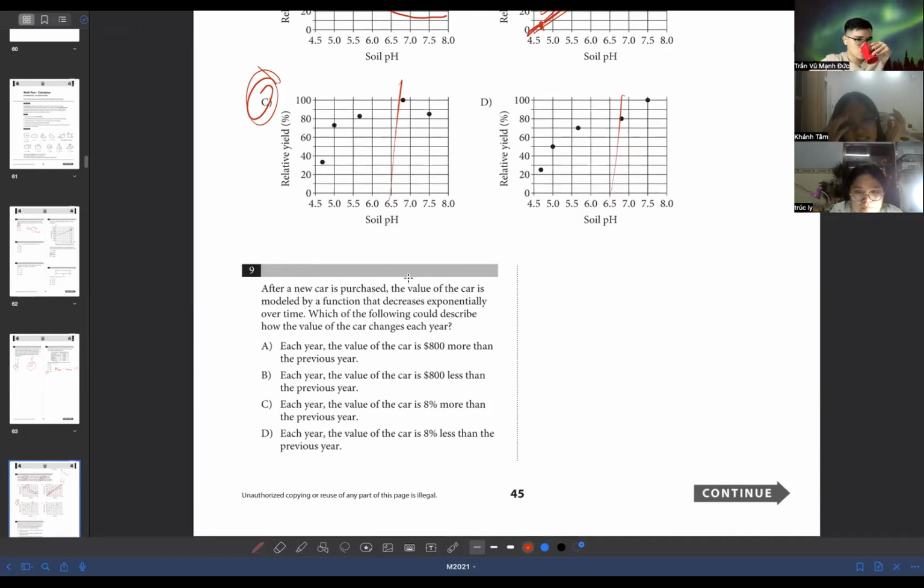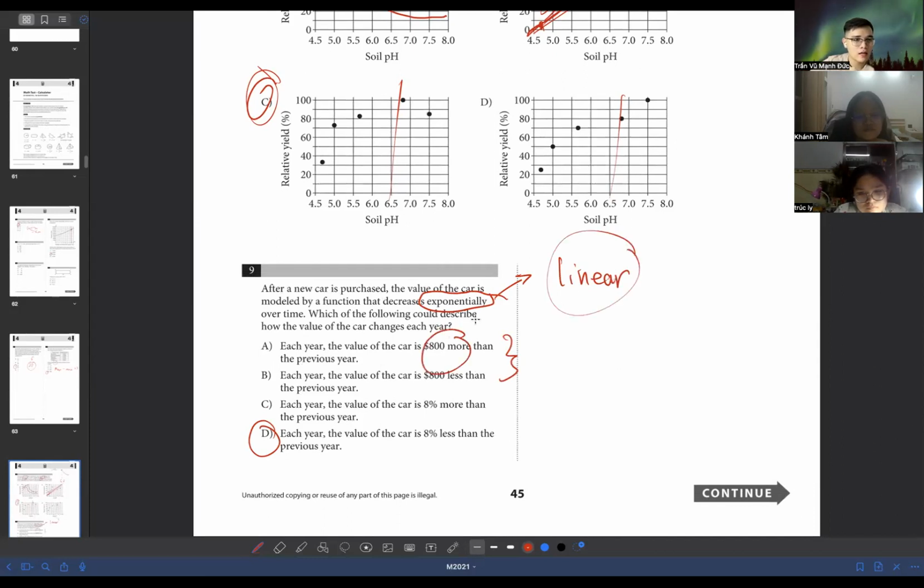D. Let's see. Each year, the value of the car is 8% less than the previous year. Exponentially. Wait, oh no, they already mentioned this. If I were to say linear, it would be $800 more or $800 less.